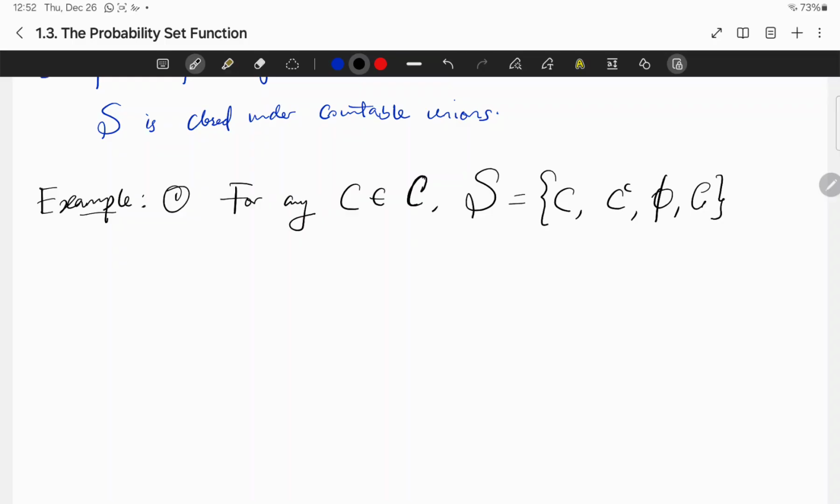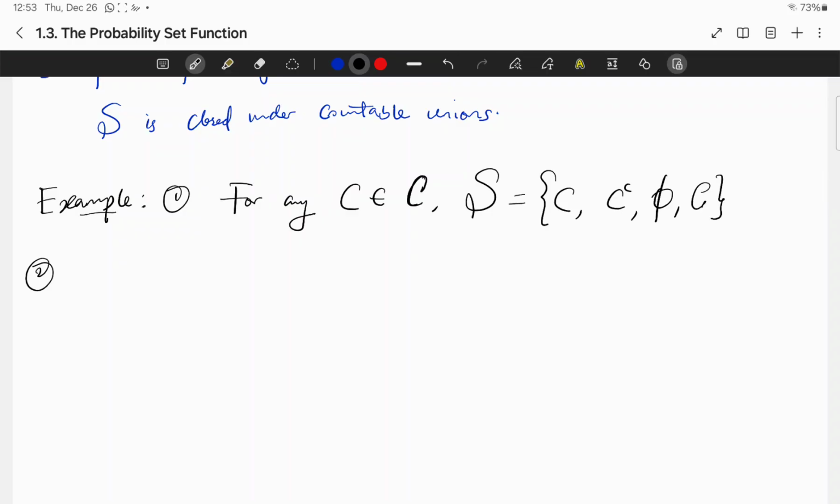So this is a sigma field, because if you take the union of any sets here, the result will still be here. We can also verify all three properties: the empty set and the full set are there, it is closed under countable union, and it is also closed under complement.